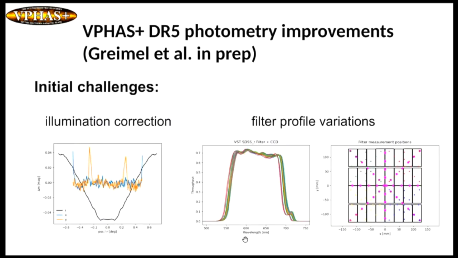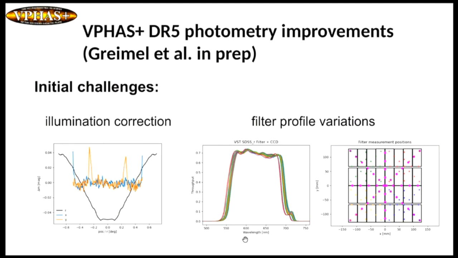Then there was already this correction applied in the previous releases, that is the illumination correction. Essentially, you need to correct the images due to effects happening in the CCDs, such as radial and perpendicular relations that are corrected by the pipeline done by CASU.